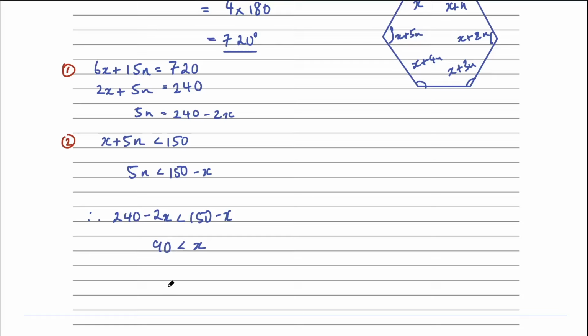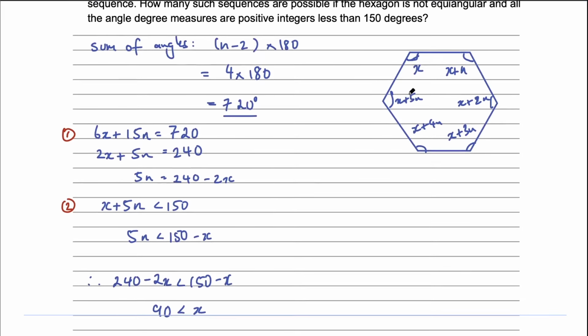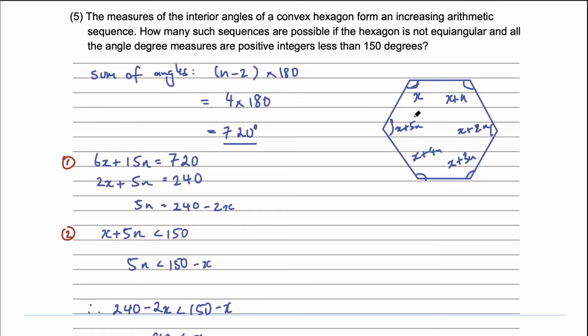So we know that x must be greater than 90. That's just one way of showing that, but it's a helpful start. So the start of this sequence of 6 numbers has to be greater than 90.